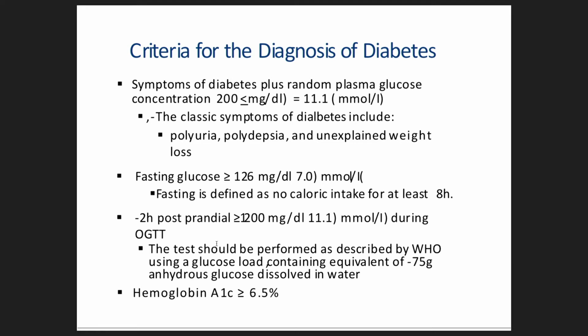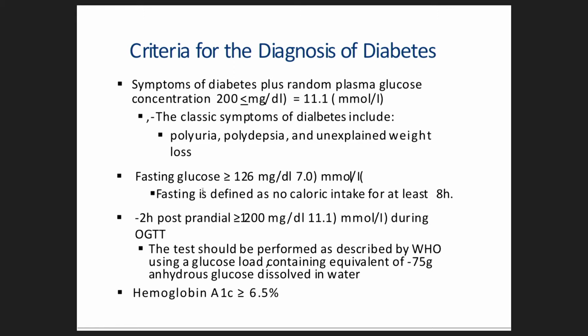Or when we do oral glucose tolerance test, by giving 75 gram of glucose, we test 2 hours after that, still diabetes is defined as more or equal to 200 milligram per deciliter. And the last criteria is hemoglobin A1C equal or more than 6.5%.